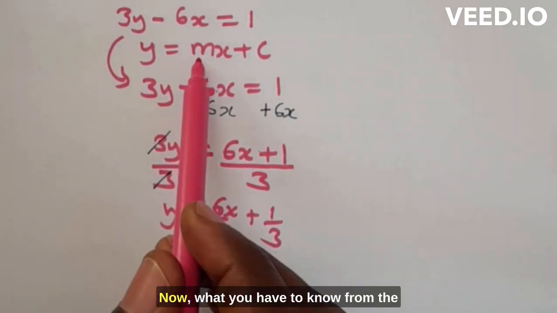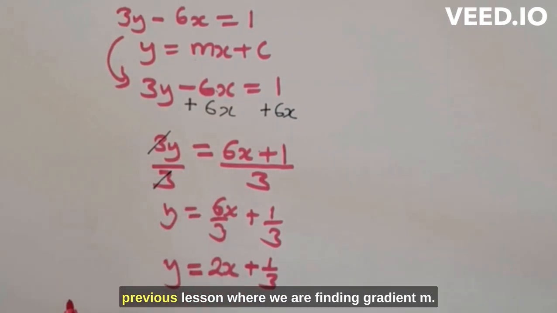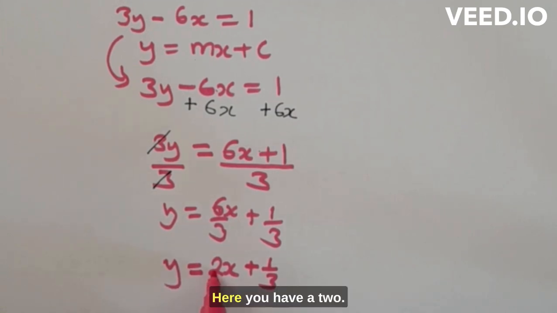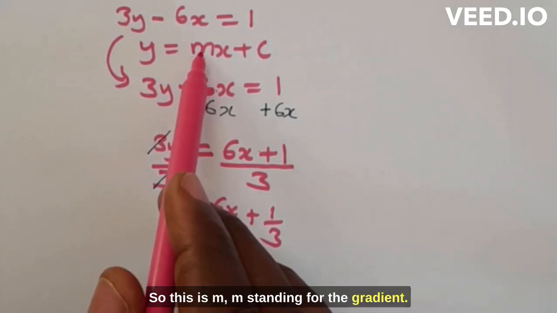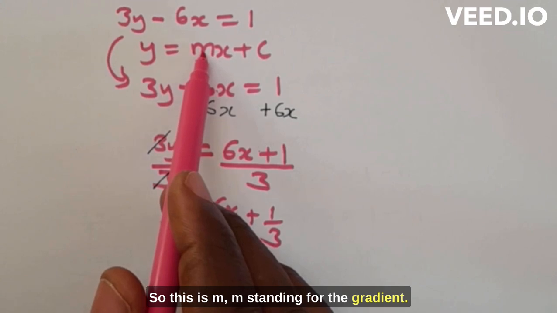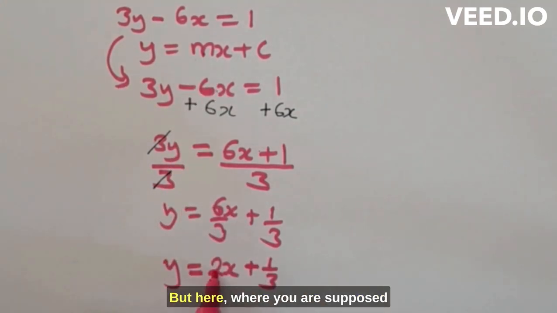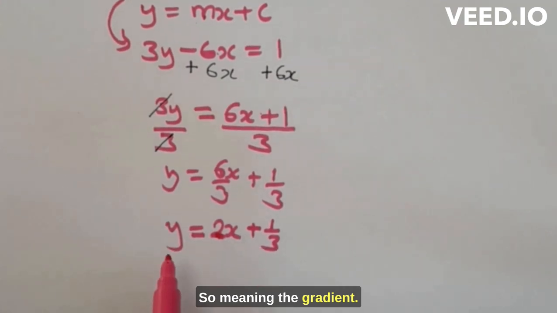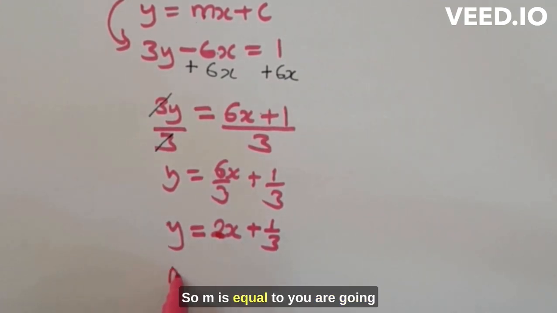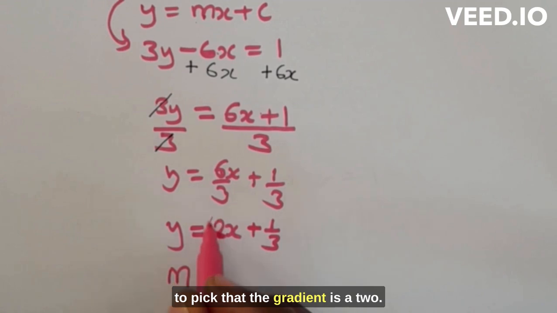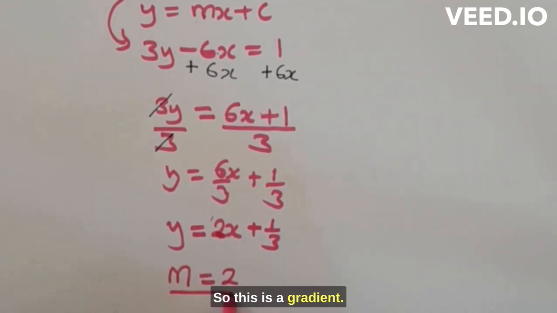From the previous lesson where we were finding the gradient, m stands for the gradient. Here where you are supposed to have m, there's a 2. So the gradient m is equal to 2.